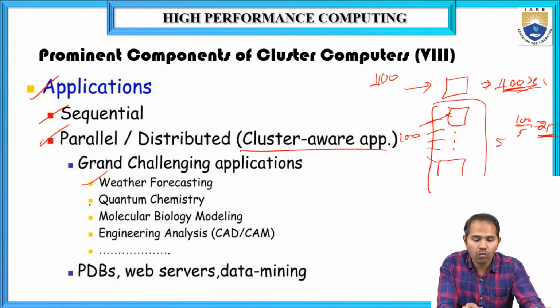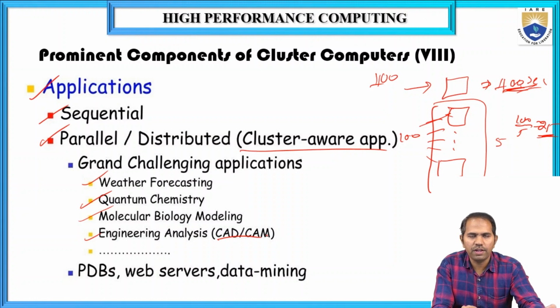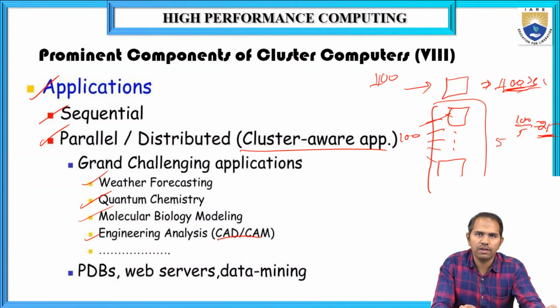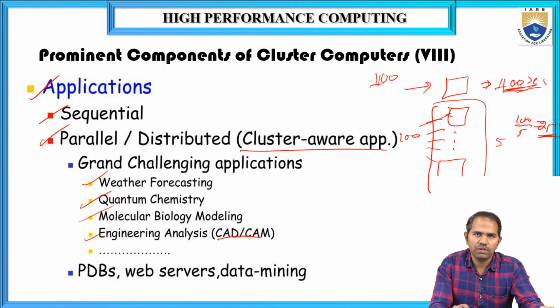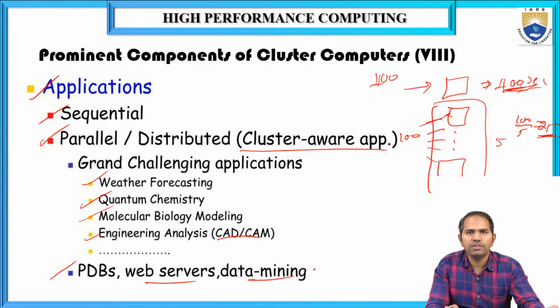Then quantum chemistry, molecular biology, and engineering analysis like simulation tools, CAD/CAM. Different engineering analysis and research has to use high performance computing systems. Then databases and web servers, data mining.